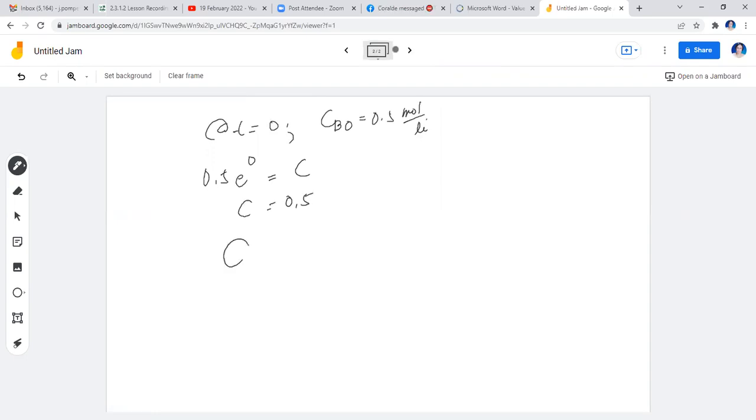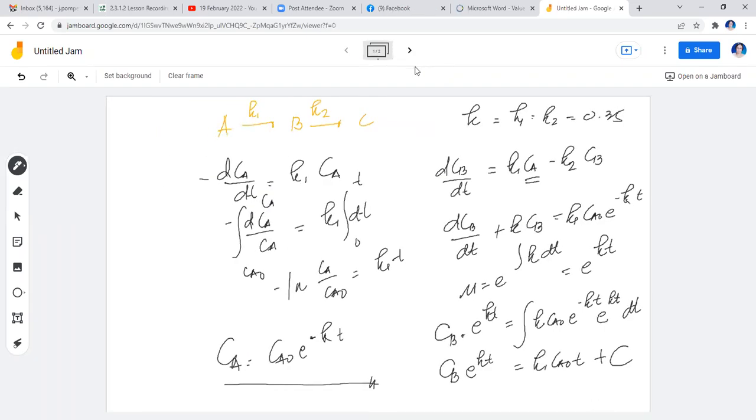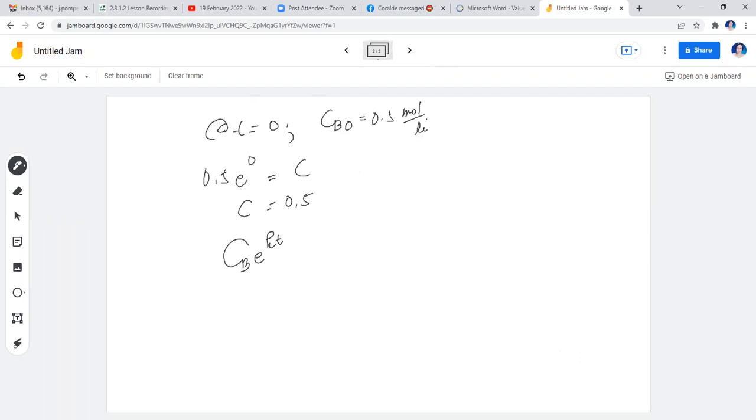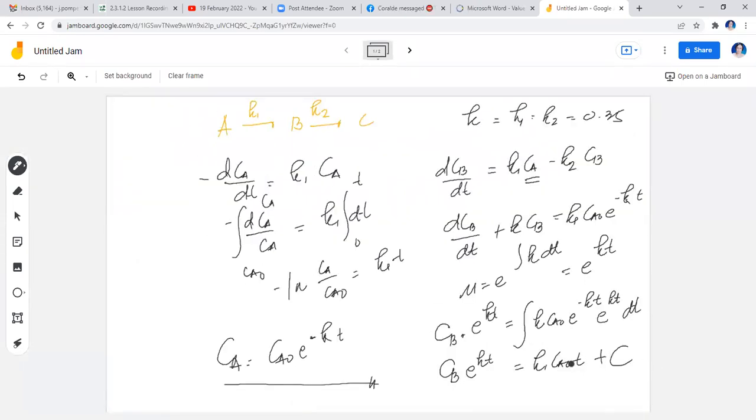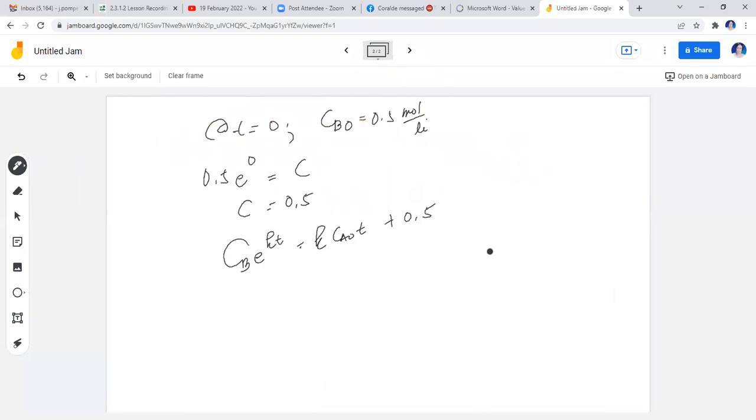So you will have C sub B e raised to kt equals k C_A0 t plus 0.5. Now, you have k sub 1 C_A0 t, you have that here.